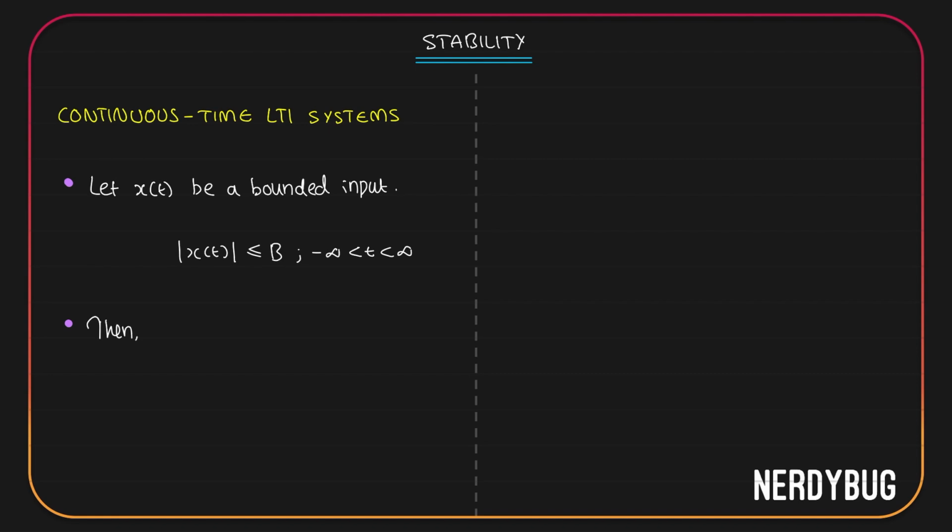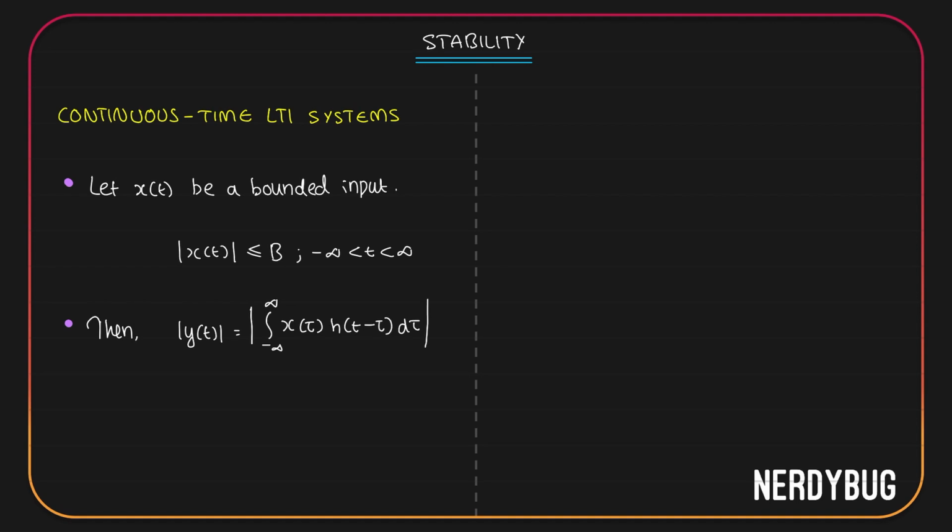Then we can write the magnitude of the output y(t) as the magnitude of the convolution of x(t) and h(t), that is the integral from minus infinity to infinity of x(tau) h(t minus tau) d tau.